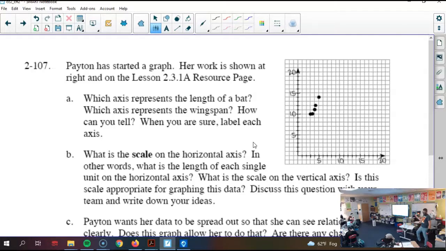This graph is like naked. It's like a number with no labels. We said naked numbers are not appropriate. Unlabeled graph is not appropriate. Figure out, is this the x-axis? Is this length or is it wingspan? So go and chat with your team. How can we figure that out?